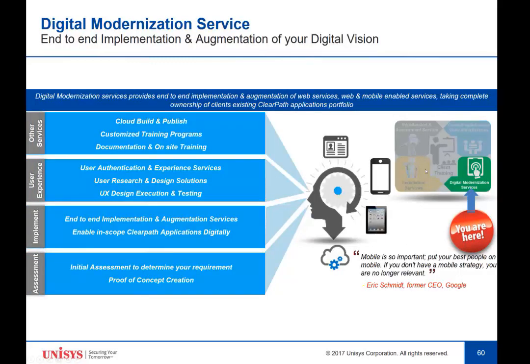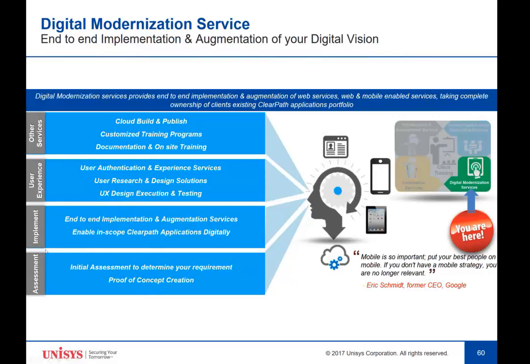And the last service is digital modernization service. The objective of this service is to provide end-to-end implementation of web services as well as web and mobile enablement using ClearPath Forward ePortal to modernize your ClearPath MCP or OS 2200 applications.